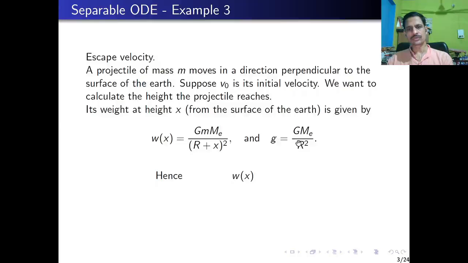From these two equations, we get that Wx is equal to m g r square divided by (r plus x) whole square. We can easily calculate this because G Me is equal to g r square, so G Me can be substituted by small g r square and you get this expression.